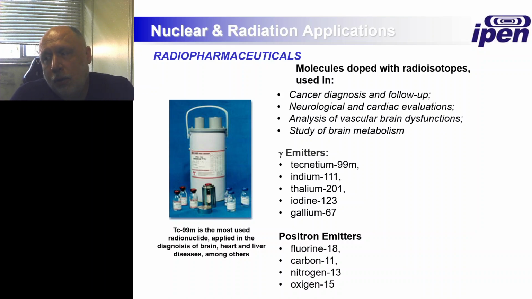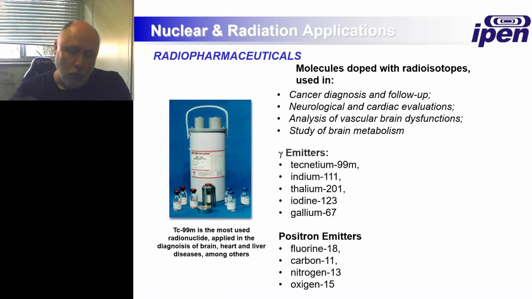A radioisotope is a nucleus, or if you want, an atom. Your body doesn't really know what to do with atoms. It knows what to do with molecules, with chemical components, right? So you have to get your radioactive atom and somehow implant it into a useful molecule, right?